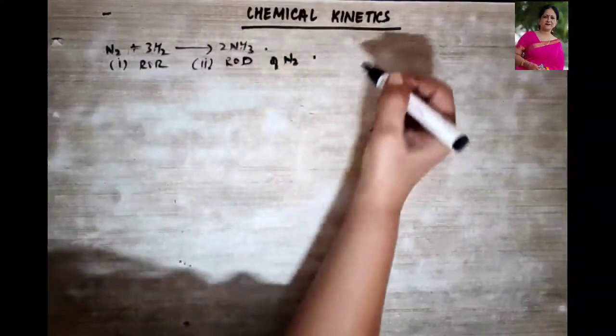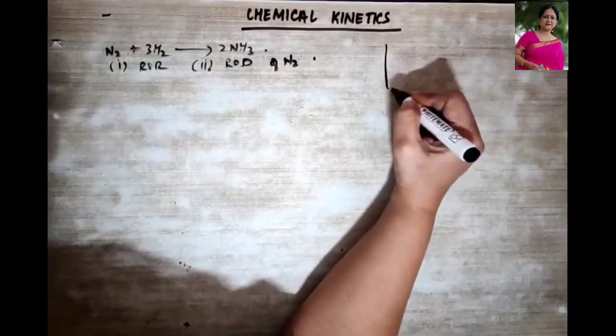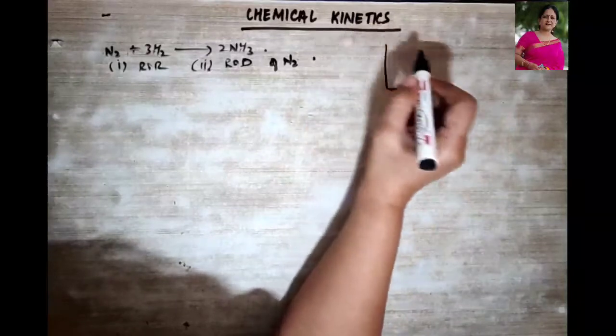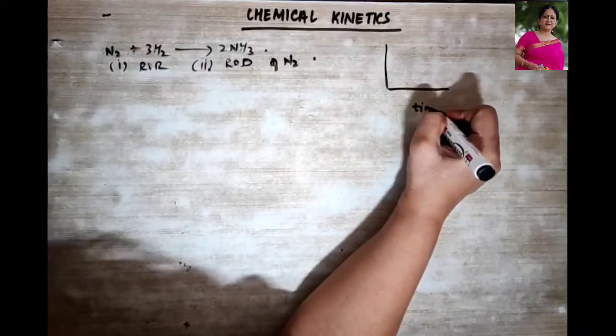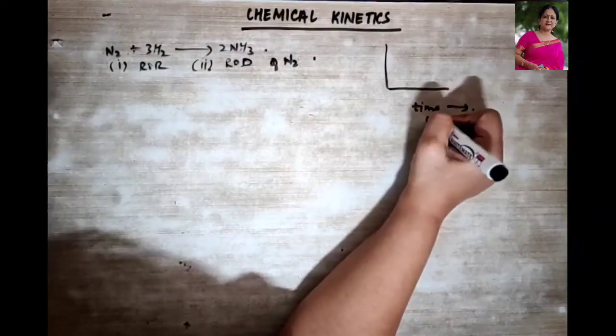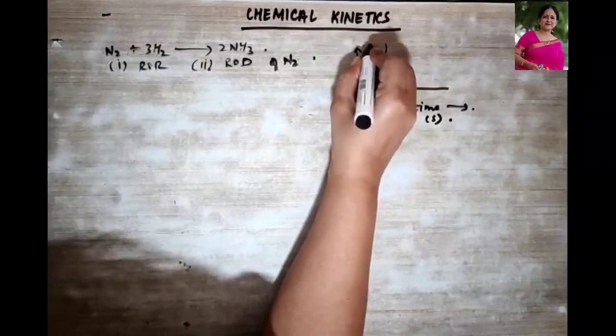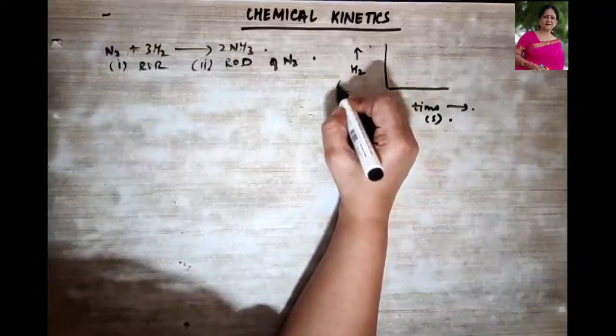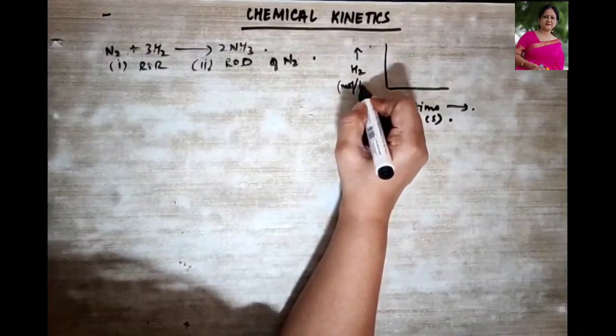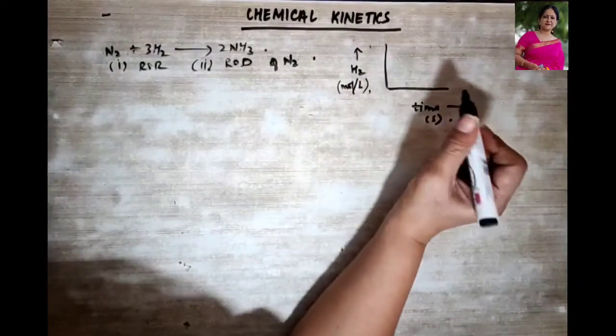So now if we draw the graph, suppose this is the time in seconds, and this is the hydrogen concentration, given in moles per liter.